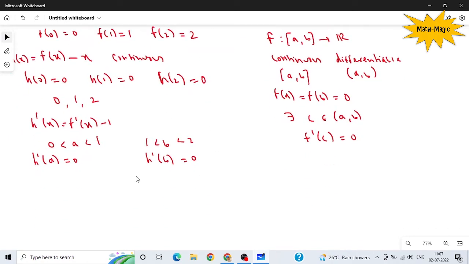Now h double dash of x is nothing but f double dash of x.